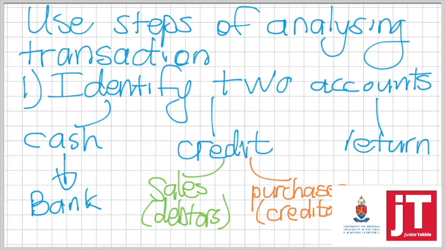So with credit sales, it will be debtors, and with credit purchases, it will be creditors. And then returns is either by the debtors or to the creditors. So debtors allowances, or DAJ, is sales return, and CAJ is a purchase return. But that will be discussed in a next chapter.